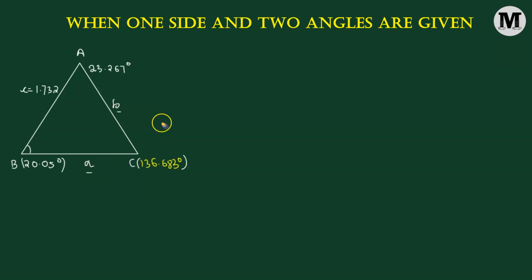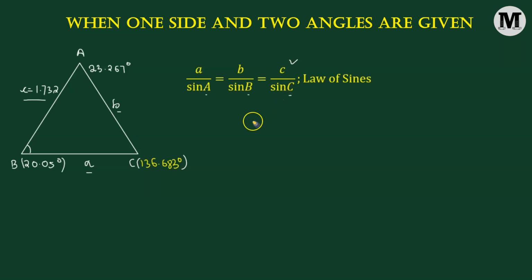To do that, we are going to take the help of the law of sines. The law of sines states that if we know the sides a, b, c of a triangle and also the angle measures A, B and C, then the ratio of a to sine of the angle opposite to it, which is A, is equal to the ratio of b to sine B, and also equal to the ratio of c to sine C. Here in our problem, we are provided with the value of side c, so we keep the third ratio fixed.